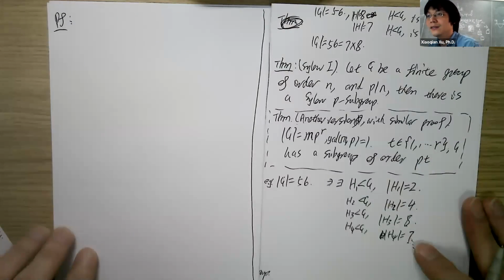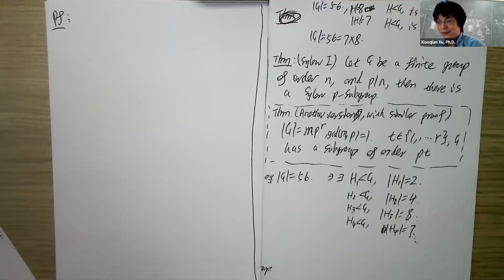The proofs of Sylow's first, second, and third theorems are slightly more complicated than the theorems before.